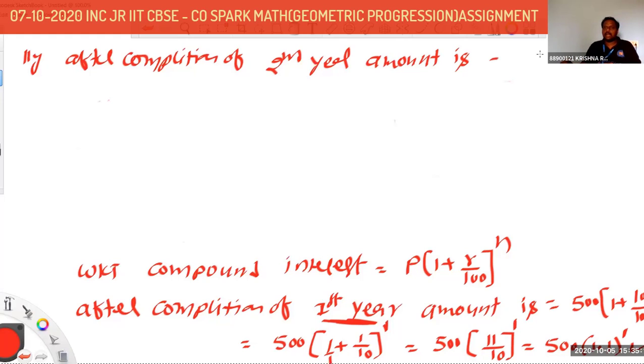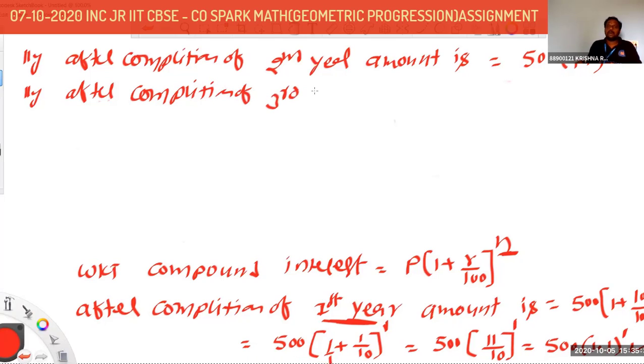Same 500 into same simplification, but the n value changes: here n value is 2. So 500 into 1.1 whole square. Now similarly, after completion of the third year, the amount is 500 into 1.1 whole cube. Completion of third year means whole cube, like that.